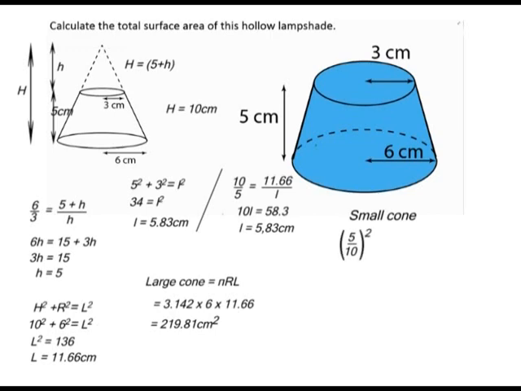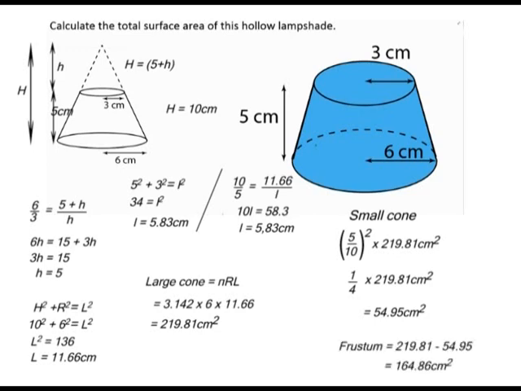And so 5 over 10 squared times 219.81 should give us the area of the smaller cone. 5 over 10 is 1 over 2. Square of that is 1 over 4. We multiply that by 219.81 and we get 54.95 square centimeters. The same answer we got.